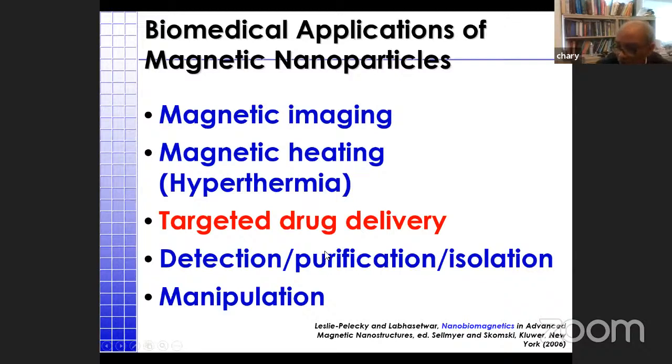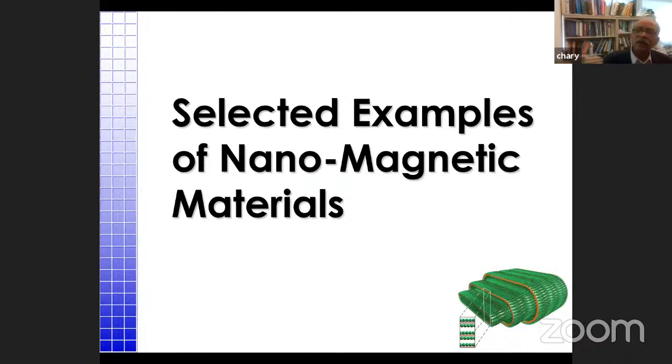There is a lot of work going on in the area of nanoparticles, especially nanoparticles that have useful magnetic properties. So we'll talk a little bit about selected examples of nanomagnetic materials that we have worked on over the past 5-6 years. I'm not going to give you all the samples, but I'll give you some representative examples of how these particles look and what their magnetic properties are.